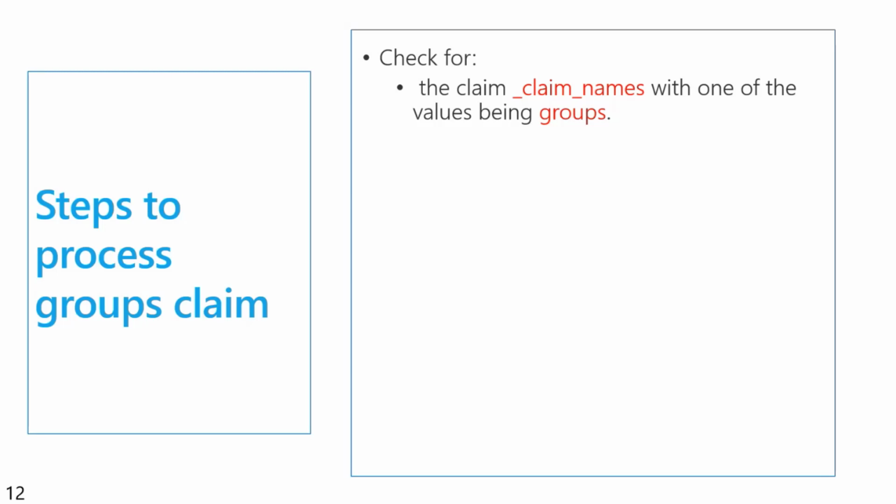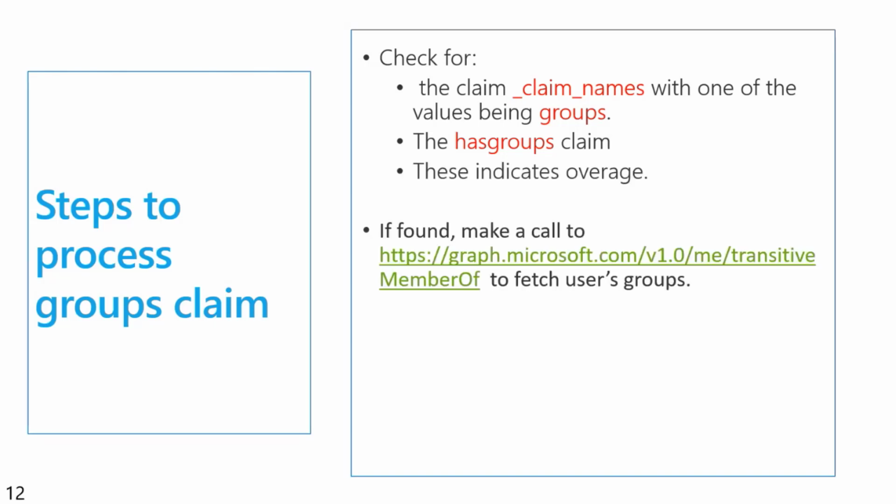Okay, so what do you have to do in your code? You have to find out if there's a _claim_names claim, and it has the groups value. That means I'm in an overage situation, or maybe it has the hasgroups claim. If either one of those two are in place, I have to call Microsoft Graph, and here's the call I would use to replicate the give me all groups that this user is a member of, and that would include nested groups as well.